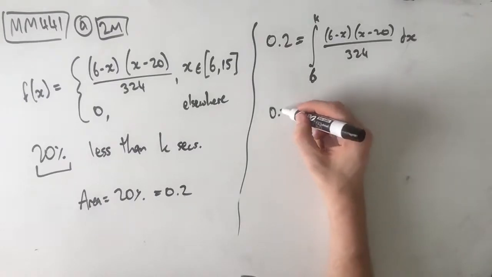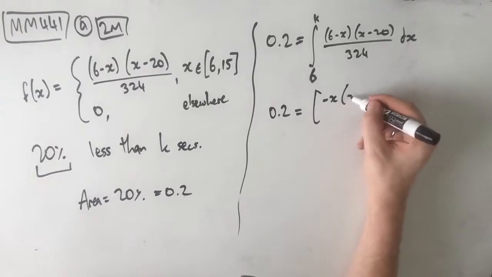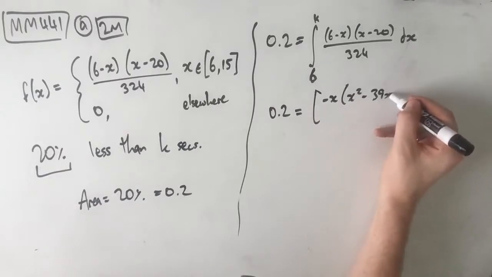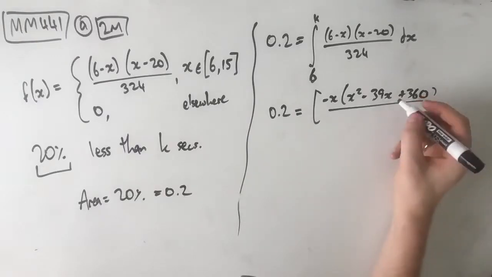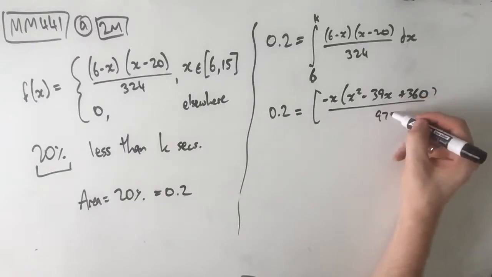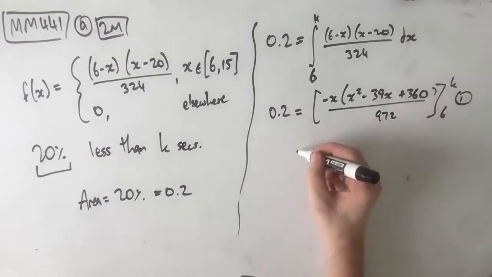So we get 0.2 equals, and we can do this in our CAS, negative x outside of x squared take 39x plus 360 over 972 from 6 to k. This is our first mark here.